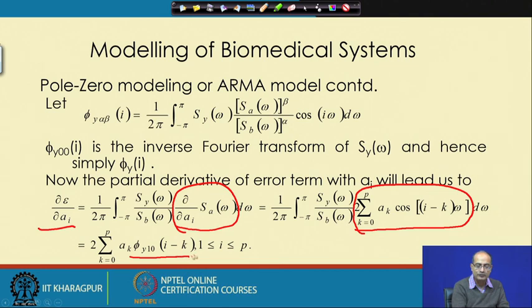The results come in terms of the variable phi y 1 comma 0. Phi y 1 comma 0 means we have S B there, one term of S B, but S A is not there in the numerator. So, we are getting the equations in that way.